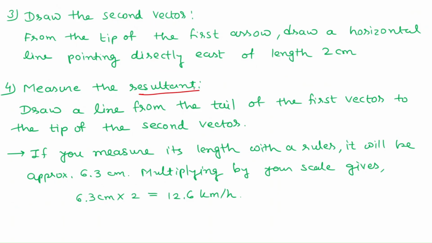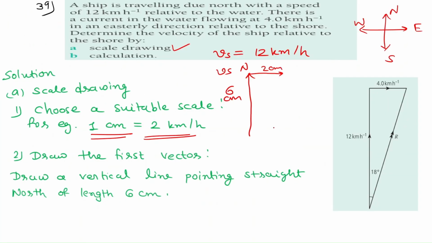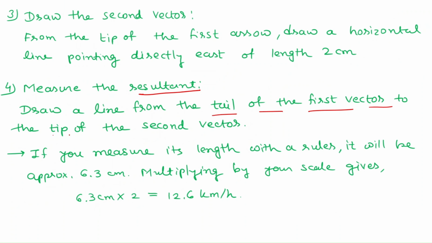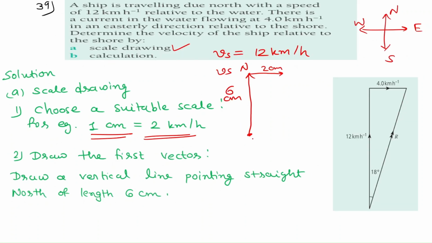Now in the third step, measure the resultant. Draw a line from the tail of the first vector, starting from this point, to the tip of the second vector, like this. You can draw it with the ruler so you can get the exact value. Here I drew by hand, so it may not give an accurate value.